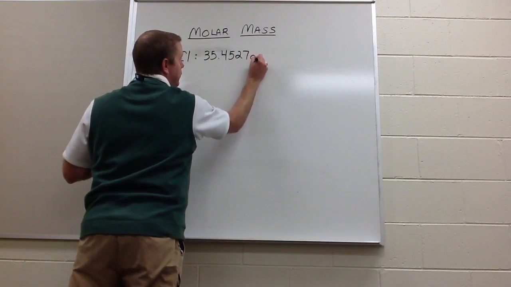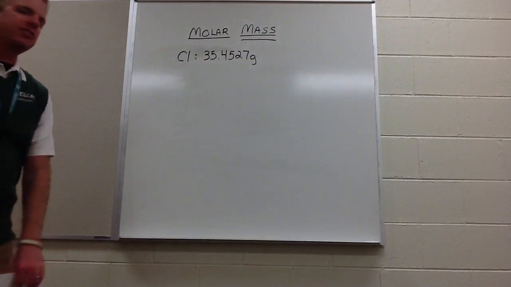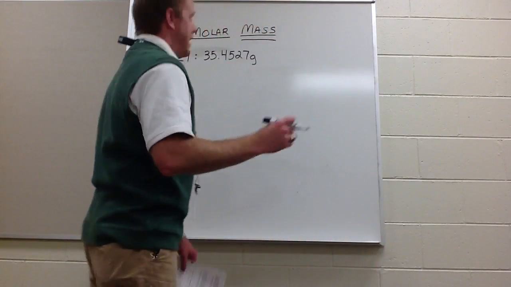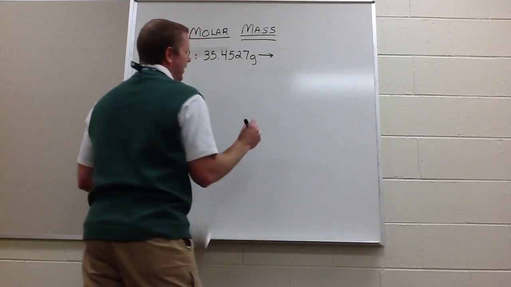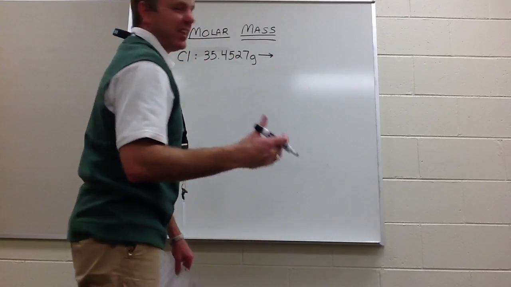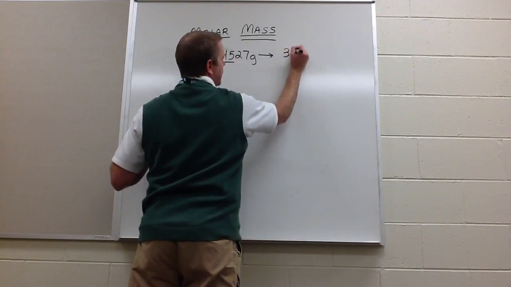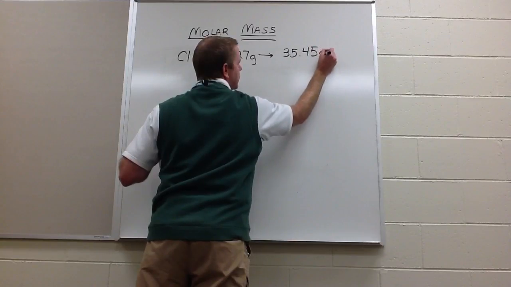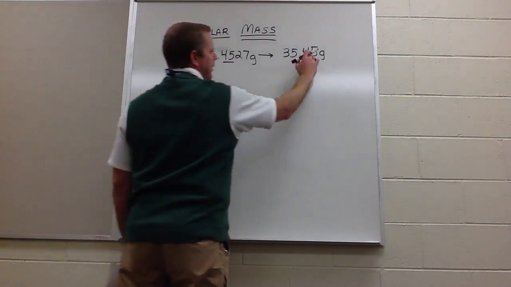And that would be grams because it's the molar mass. A suggestion I think we should do: with regards to molar masses, I would round them so we have consistency to the hundredths place. So I would make this 35.45 grams. So whenever we're doing a molar mass, let's just make that the way we do it. We round to the hundredths place.